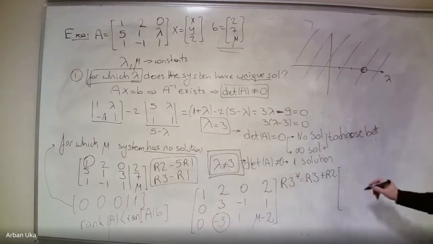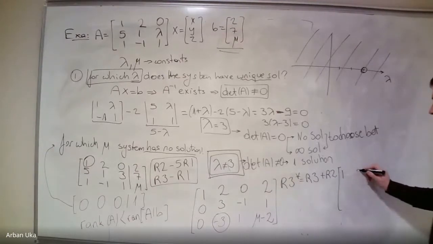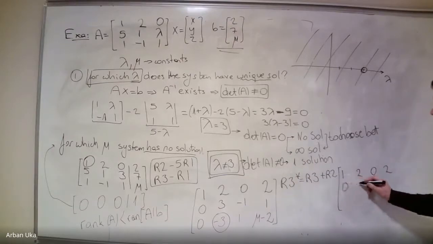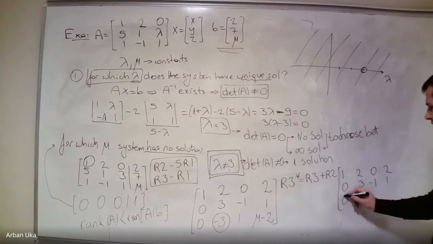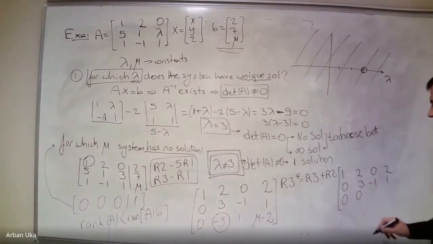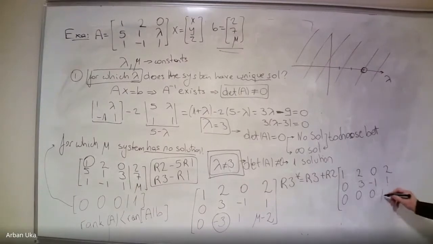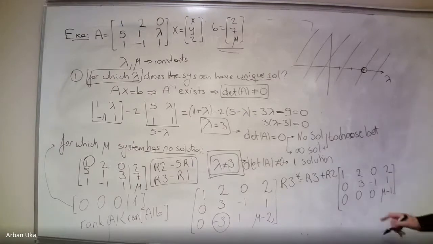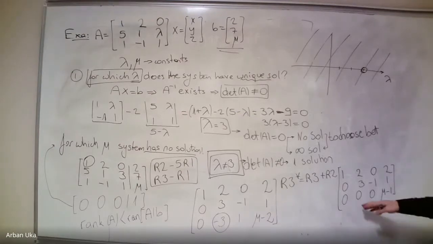And then we get 1, 2, 0, 2. This is 0, 3, minus 1, 1. This is 0, 0, 0. What is the rest? Mu minus 1. Okay, so this is the row echelon form.